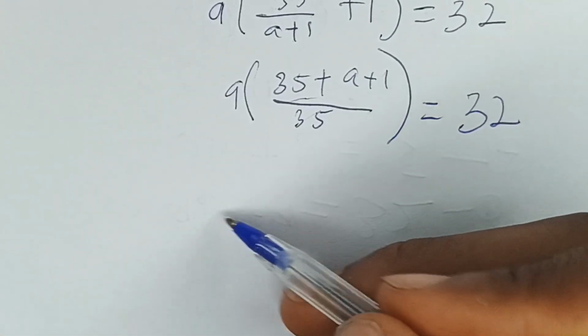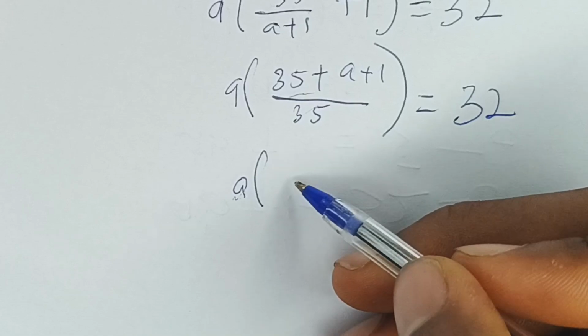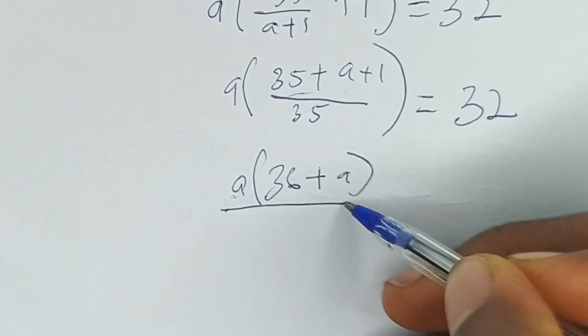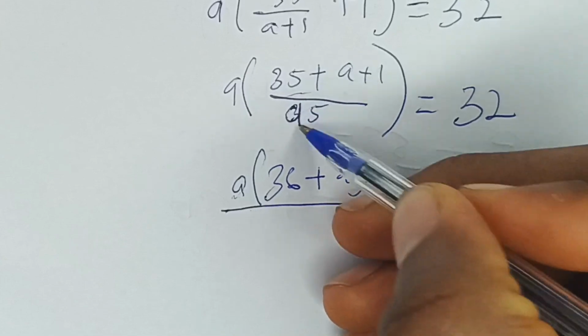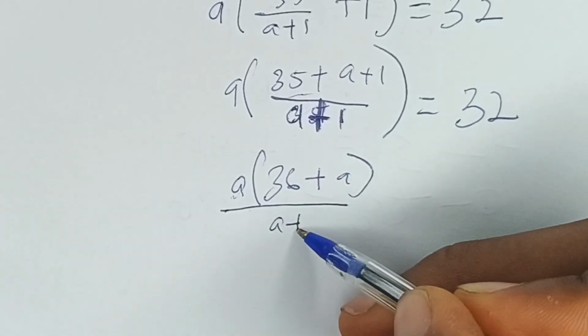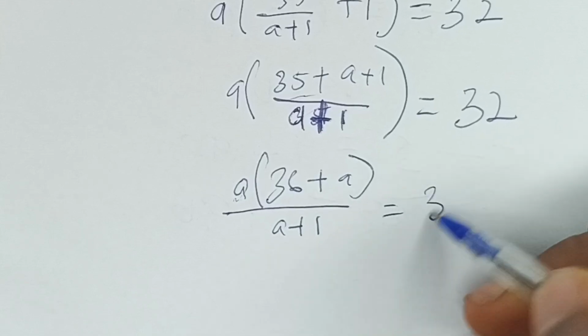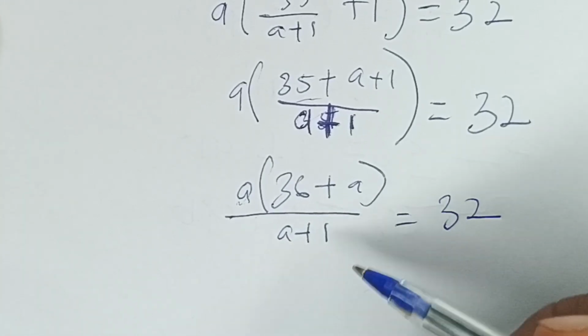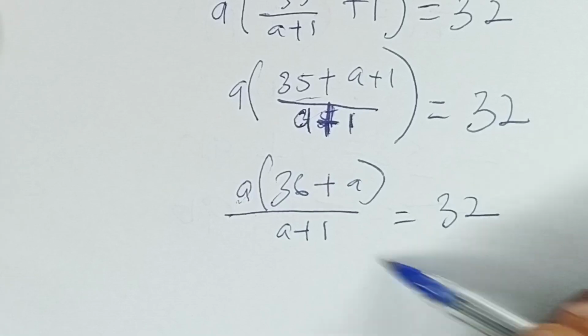Moving on, we would have A into 35 plus 1 is 36 plus A, sorry, this is A plus 1 on the denominator, sorry for the mistake, all over A plus 1 is equal to 32.